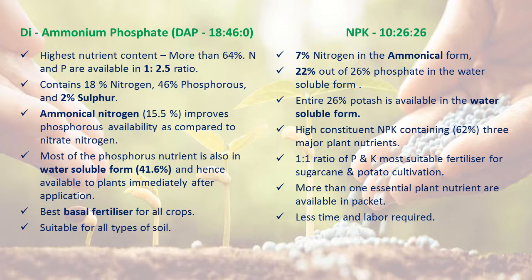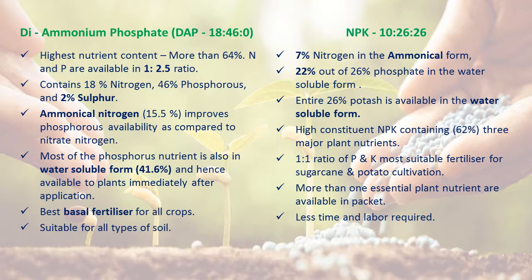The next is NPK 10-26-26, which is known as Suphala. Among the 10% nitrogen, 7% is in the ammoniacal form, and among the 26% of phosphorus, 22% is in the water soluble form, and the 26% of potash is also available in water soluble form.